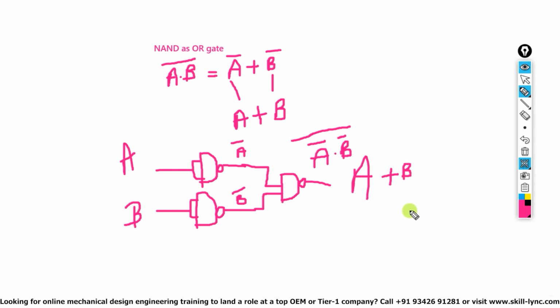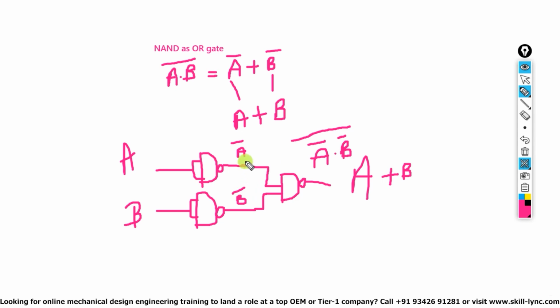Let's take the concept again and explain it again. We want to prove that a NAND gate is acting as an OR gate. To prove it, we first have to analyze which concept can make NAND act as OR. We saw that whenever I open the bracket using De Morgan's law, it will act as an OR gate with a complemented nature. So I started with A and B and found the complemented forms A bar and B bar.